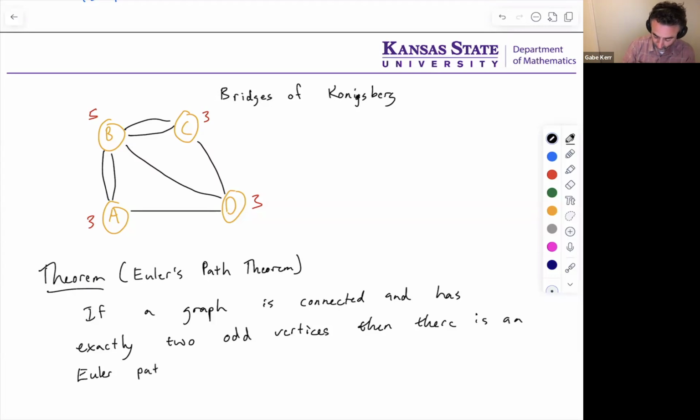So in particular, an Euler path starting at one of the odd vertices and ending at the other.